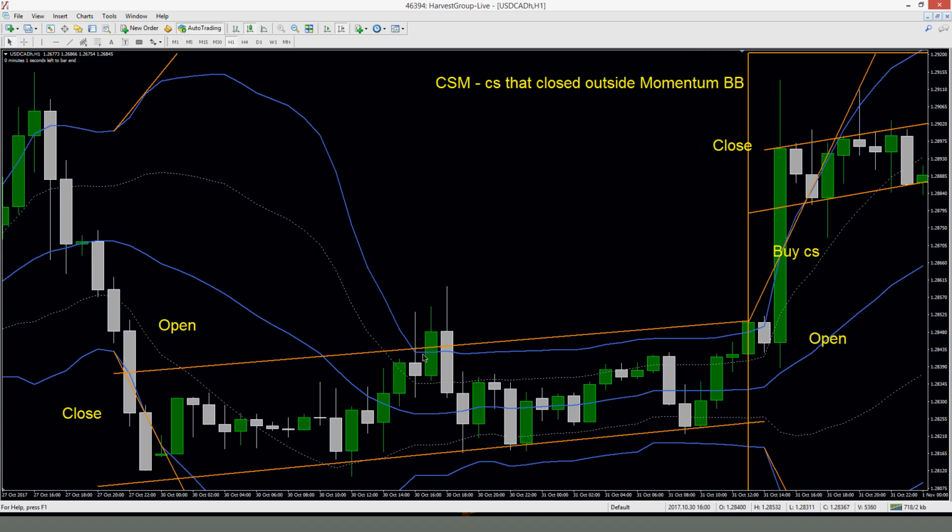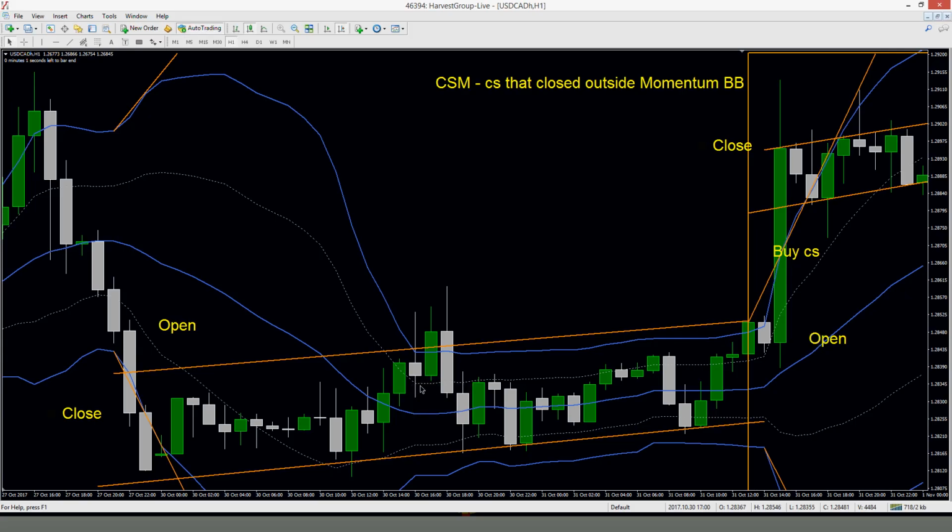Okay, so now as you can see, this candle over here opens on the top and closes at the bottom. Okay, so obviously this candle traveled up and rejected top BB, and then it travels down but rejected division 1. Okay, so when it rejected division 1, then the next candle opens exactly on the same level over here.